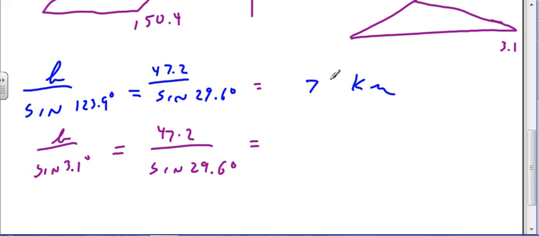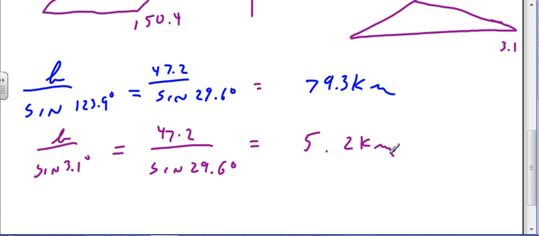So I got a 79.3 answer, or alternatively 47.2 times the sine 3.1 divided by sine 29.6. I have an answer that's 5.2 kilometers.